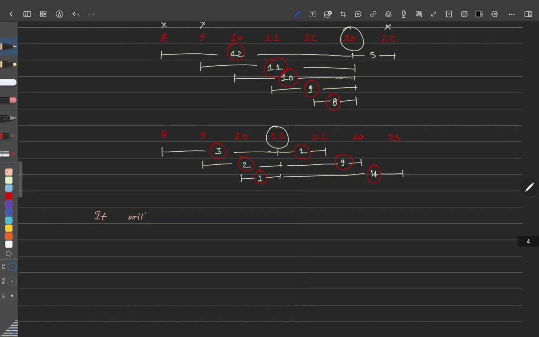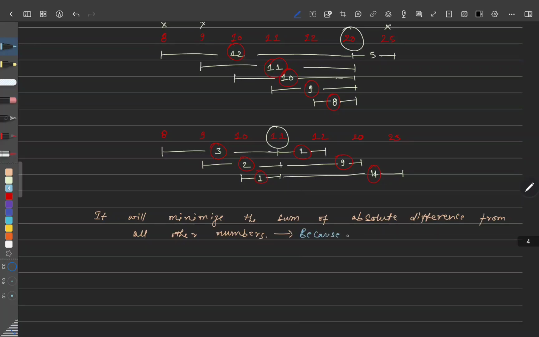It will minimize the sum of absolute difference from all other numbers, because it is the middle point.